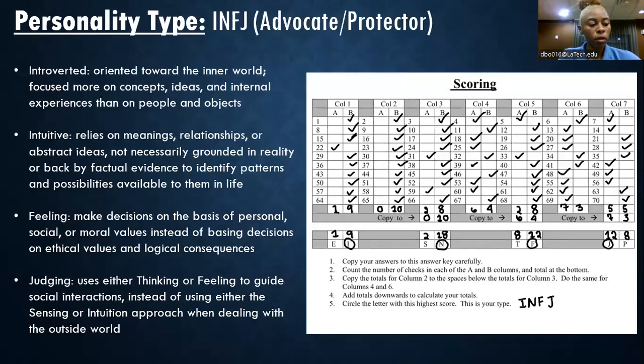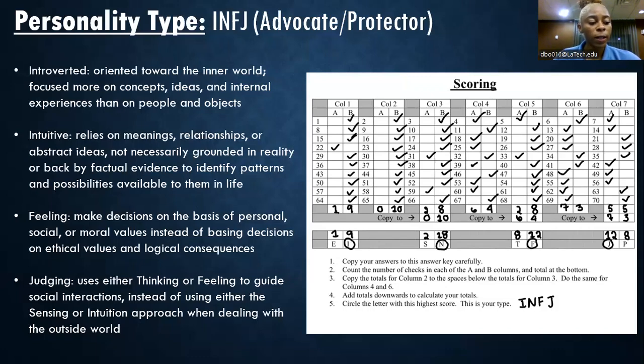So upon completing the questionnaire, I discovered that my personality type was INFJ, which is the advocate/protector personality type. And this personality type means that I'm more introverted, intuitive, feeling, and judging.